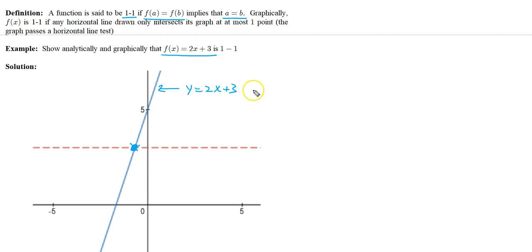Now let's also prove that analytically, using this f of a equaling f of b definition up here. If I assume that f of a equals f of b for this function, we need to reason that a and b have to actually be the exact same number. f of a is going to be 2a plus 3, and f of b is going to be 2b plus 3.